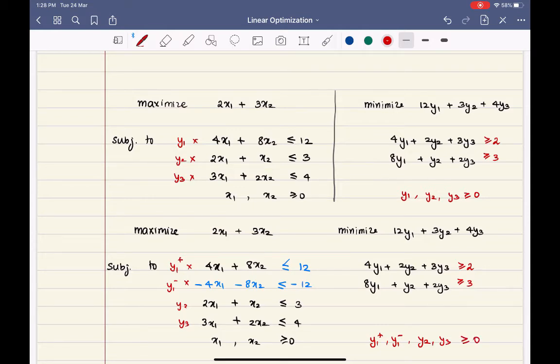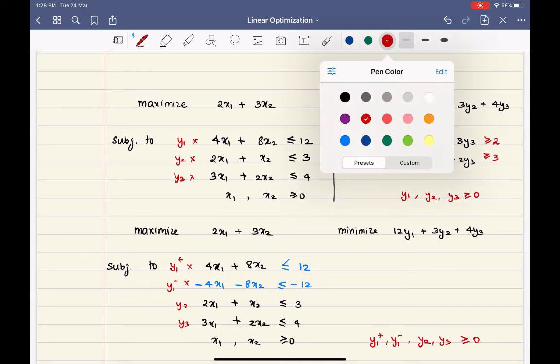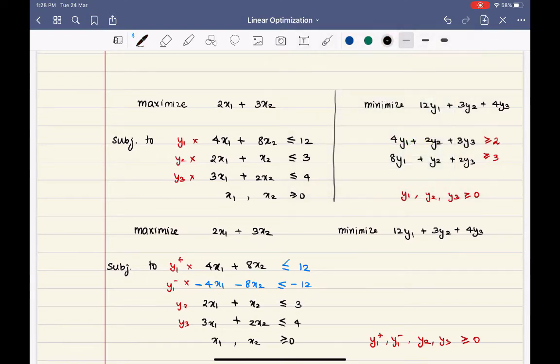And the coefficient of x1 would be 4y1 plus minus 4y1 minus plus 2y2 plus 3y3, and then it has to be bigger than or equal to 2.